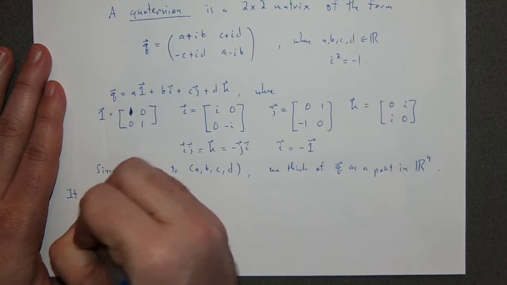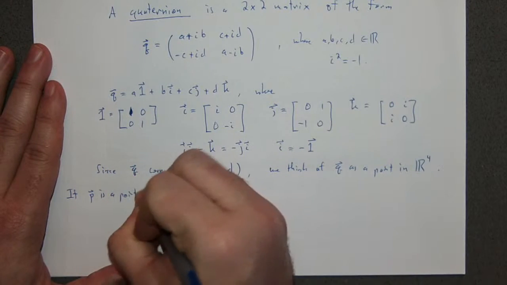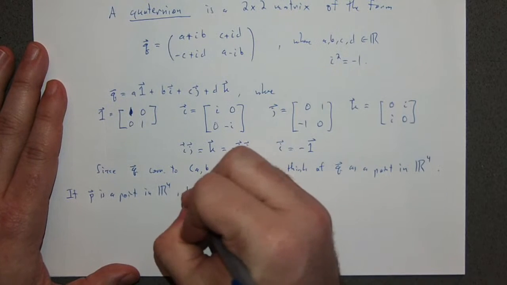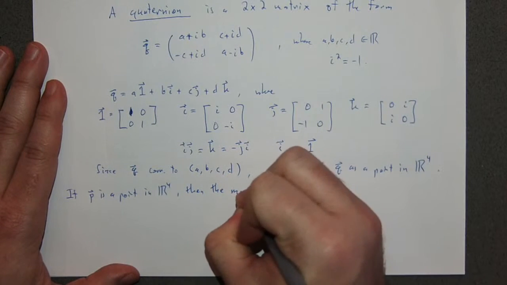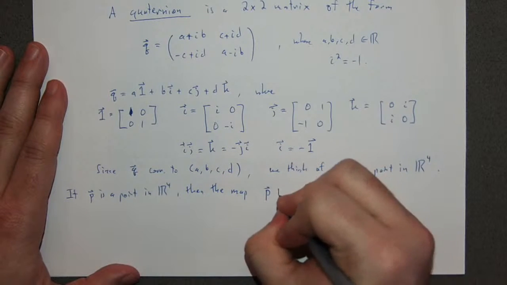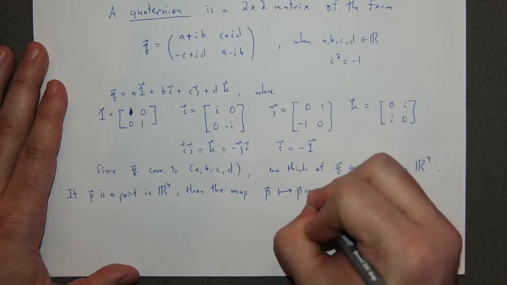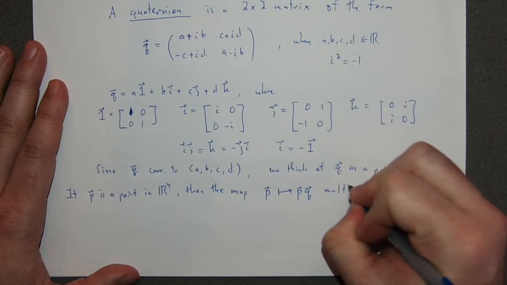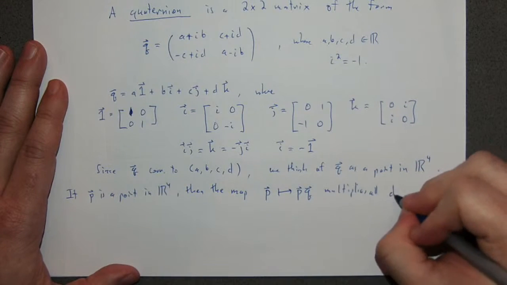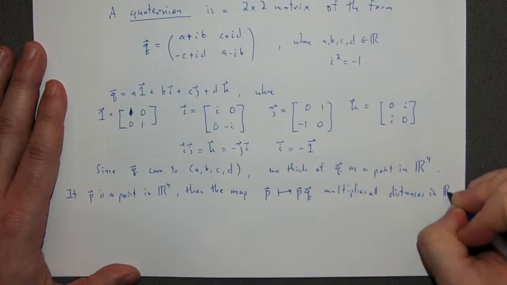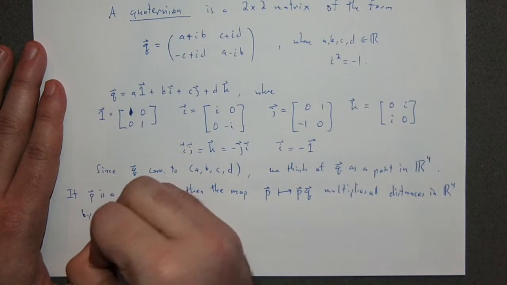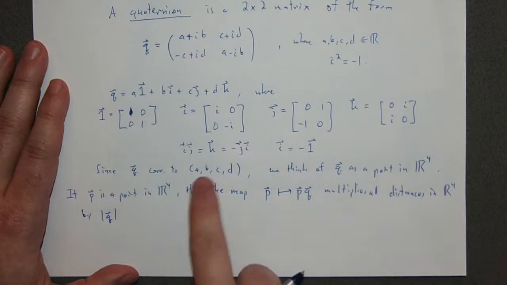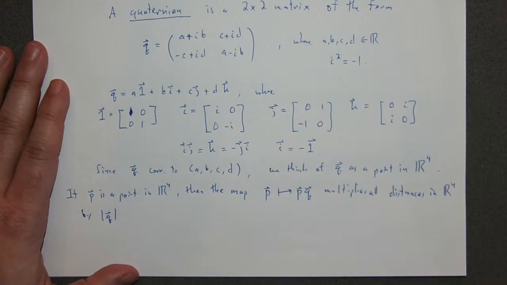If P is a point in R4, just some generic point, we're not necessarily thinking about a quaternion here, then the map that takes a point P and sends it to the point PQ, where you've multiplied by the quaternion on the right, multiplies all distances in R4 by the length of Q, that is the distance of Q thought of as a point in R4 to the origin. Okay, so this is the distance of Q from the origin.